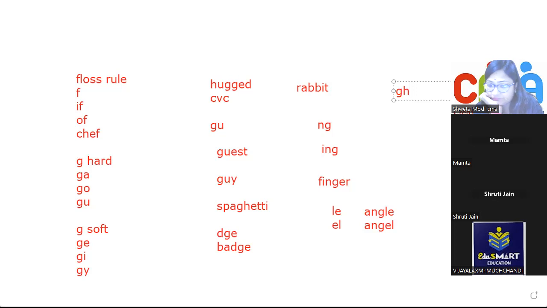Now IGH, which sound does it make? G is a part of this combination where you have IGH, and IGH is a trigraph where GH remains silent. We all know that.